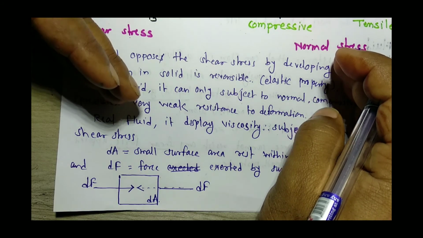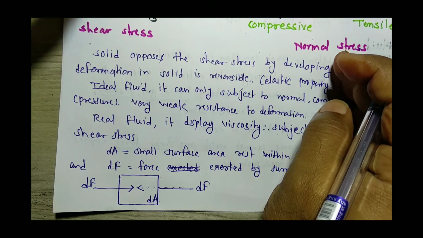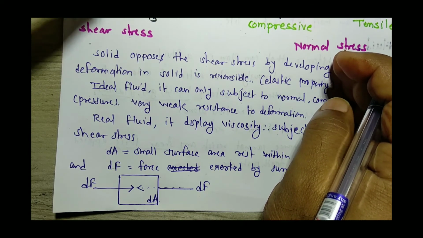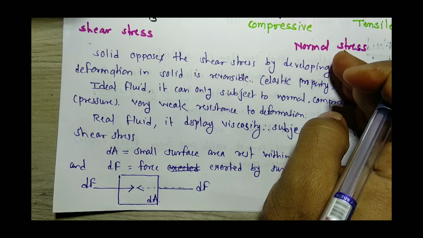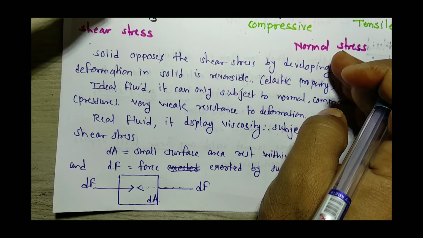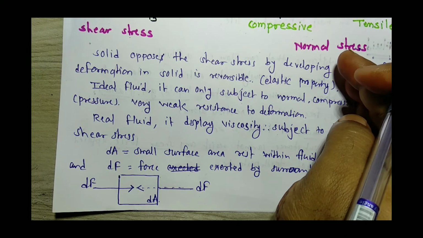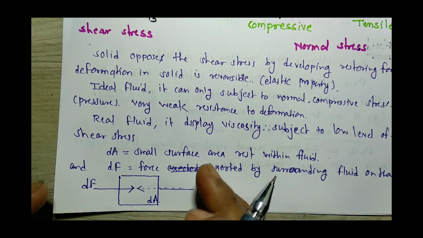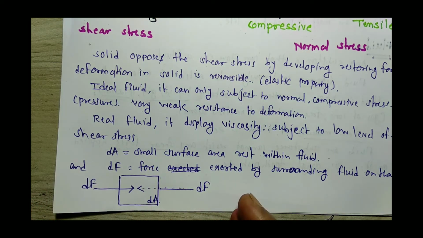But in an ideal fluid there will be no resistance to deformation, and if it occurs, then it is very weak. In a real fluid, due to viscosity, it is subject to small shear stress, and therefore dA be the small surface area at rest within a fluid, and dF be the force exerted on that surface inside the fluid by the surrounding material.